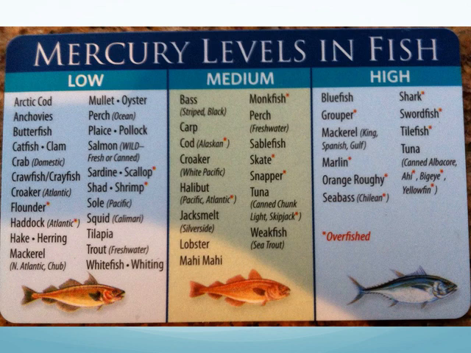So while it's a good thing not to eat too much of one thing, definitely do not be afraid to eat the fish as long as it's not overfished, right? If that fishery is doing fine and it's sustainable, just moderate, right? Like anything else.